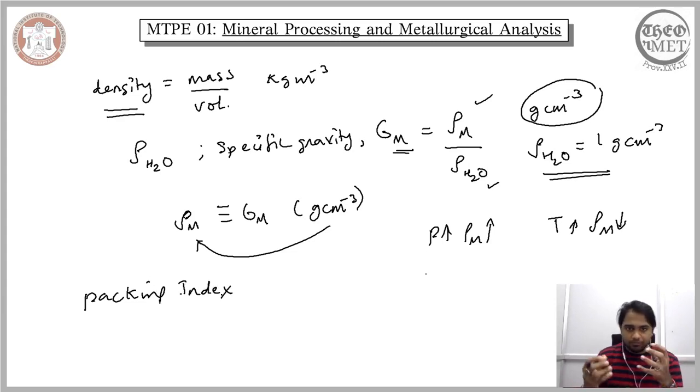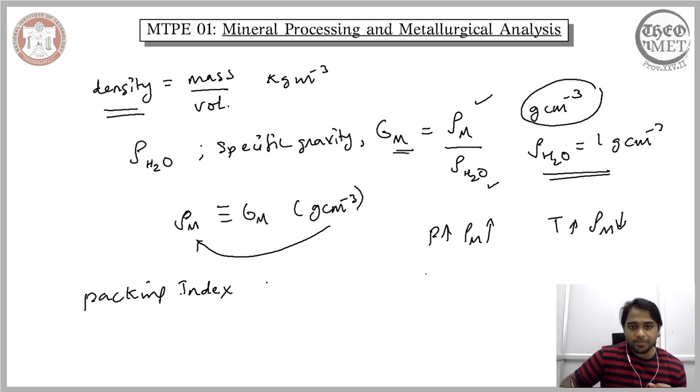Instead of discussing the density of a mineral in a real life situation, when you want to take a perspective from the atomic arrangement, the equivalent term that helps us understand the density of the mineral from an atomistic standpoint, from the arrangement of the atoms or ions, is packing index.